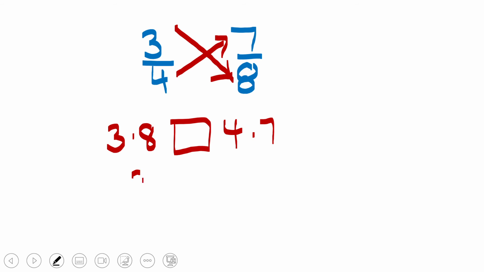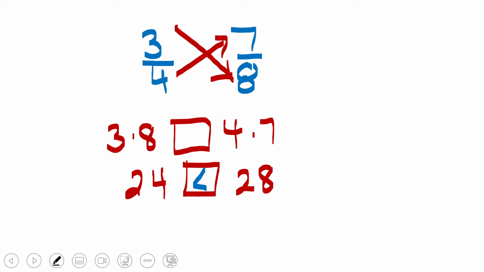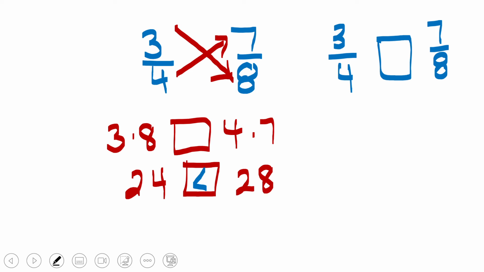So we have 3 times 8 is 24 compared to 4 times 7 is 28. We can see what emerges. 24 is less than 28. So 3/4 compared to 7/8, this less than sign transfers in the comparison box. 3/4 is less than 7/8.